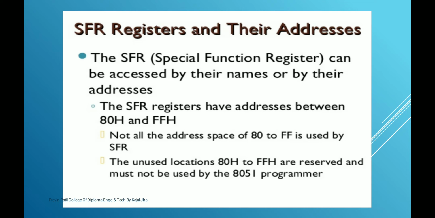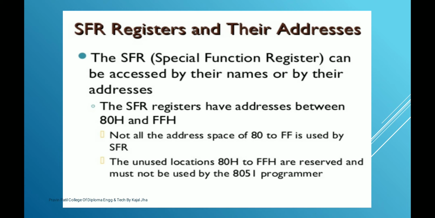Next is SFR registers and their addresses. The SFR is the special function registers. It can be accessed by their names or by their addresses. If we use their name in the instruction, then it is accessed by the name. If we use the address of that register, then it will be accessed by its address.